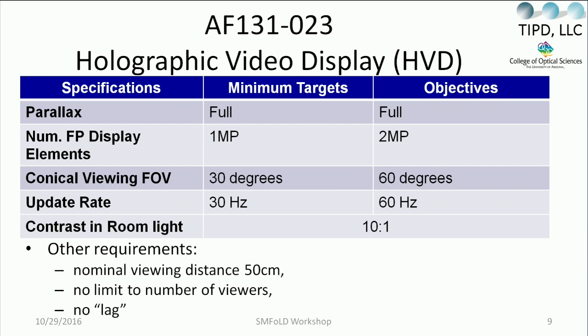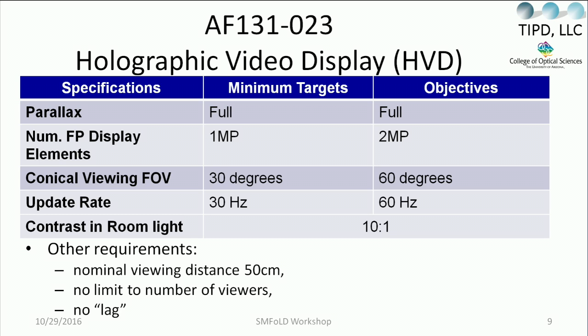His requirements were full parallax. They'd done a lot of work at AFRL showing that full parallax was needed for both long observation and to provide a lot of the different visual cues needed to make decisions. A total of 1 million to 2 million pixels, depending on the configuration. Conical viewing angles, this is the whole angle, 30 degrees, and they really wanted 60 degrees of view, 10:1 contrast in room light, and video frequency updates.